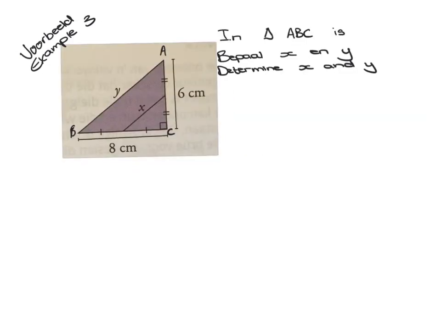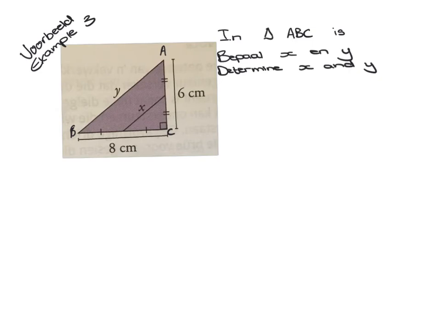Example 3. In triangle ABC, determine X and Y. Here's X and here's Y. Now, they don't give you any information about this.